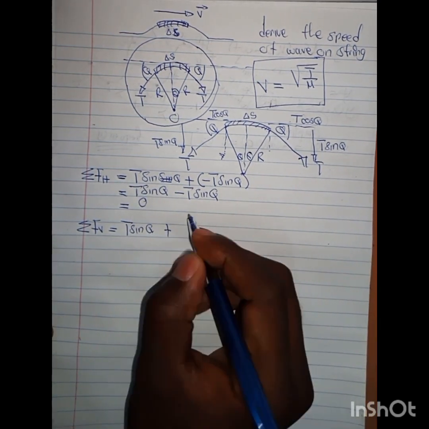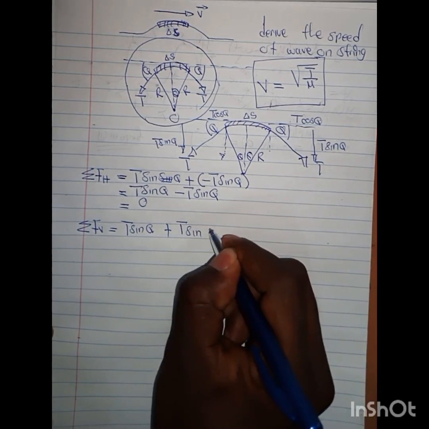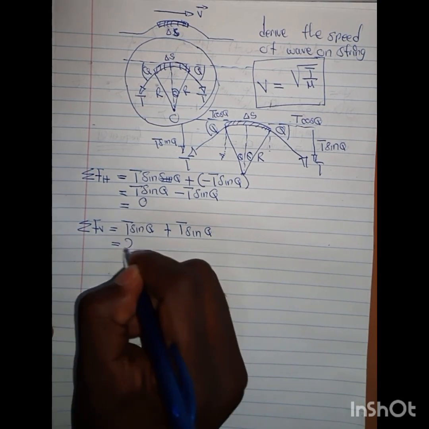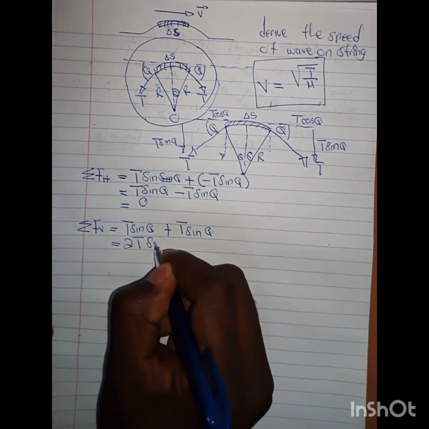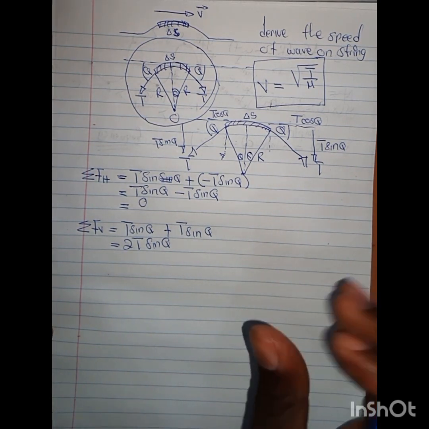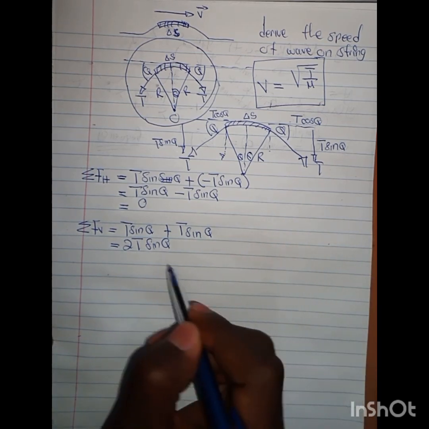We also have T sine theta for this one. The two are the same, so they add up to 2T sine theta. This tells us that in this object, the only force that will cause motion is the 2T sine theta.